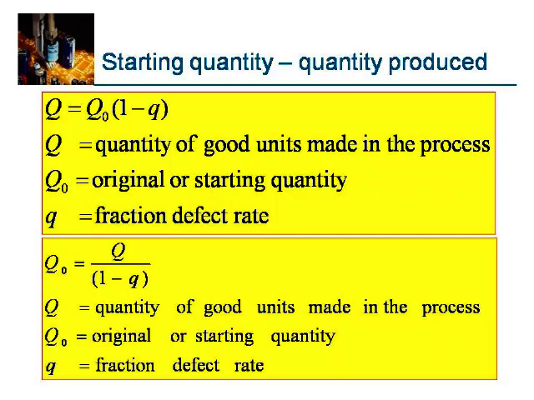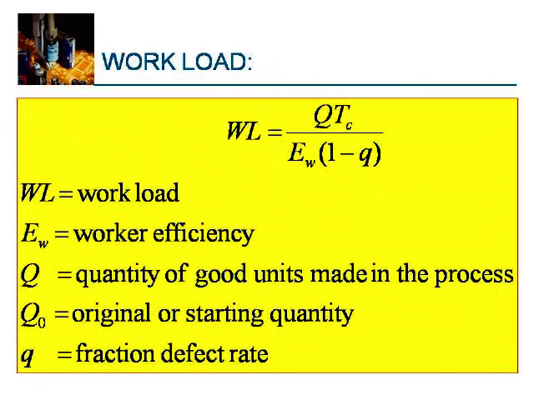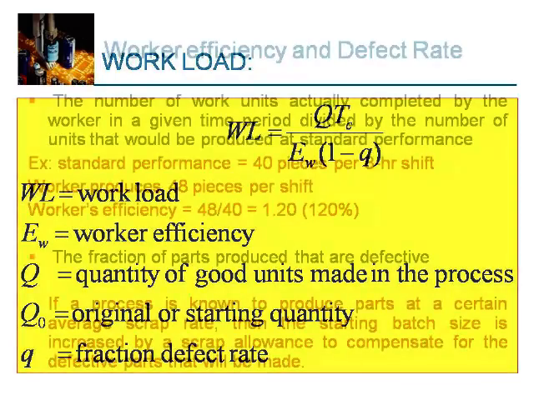Then 100 divided by 0.9, the Q naught. Workload is now calculated as WL is equal to Q into TC divided by EW into 1 minus q. So it is nothing but Q naught into TC by EW. EW is worker efficiency and TC is cycle time, and that is how the workload is calculated.